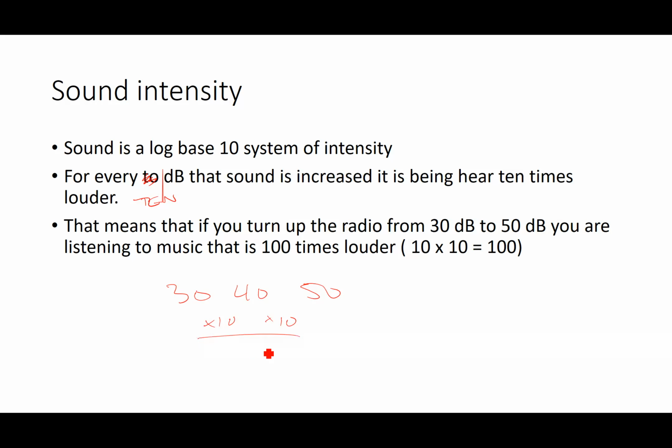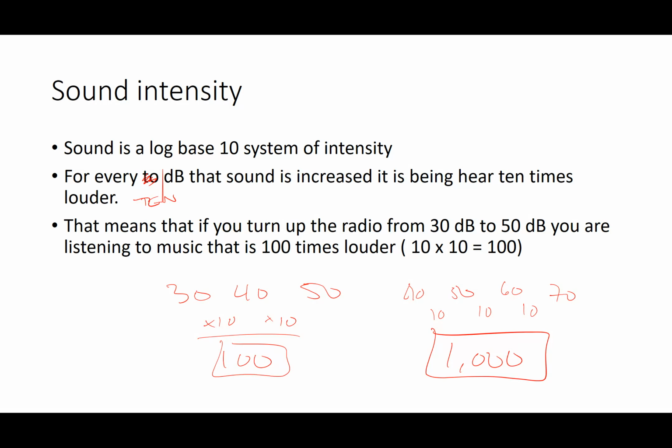So 10 times 10 is 100 times louder. What if you went from 40 to 70? So 40, 50, 60, 70, 10 times 10 times 10. That would be 1,000 times louder. Okay? All right, now back to Doppler.